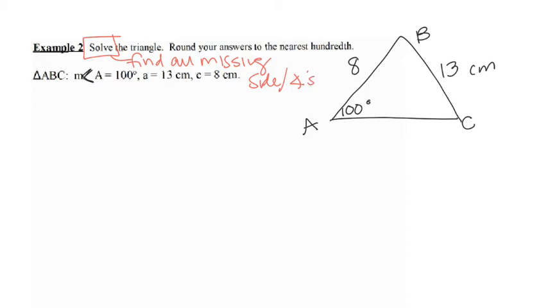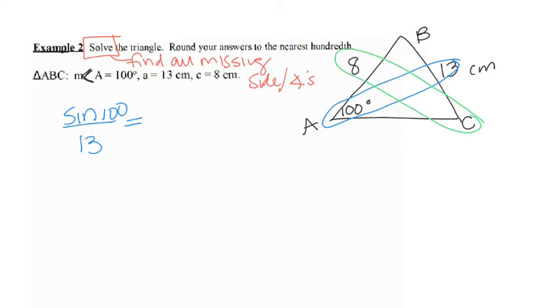I'm first going to say, can I do SOHCAHTOA? No, I can't. This isn't a right triangle. I don't know enough about the angles, so I can't do it. So now I'm going to move on to law of sines. Law of sines I can do because I have an angle and a side across from it. So I'm going to say sine of 100 divided by 13 equals, the other thing I have is side C. So I'm going to solve for angle C first.